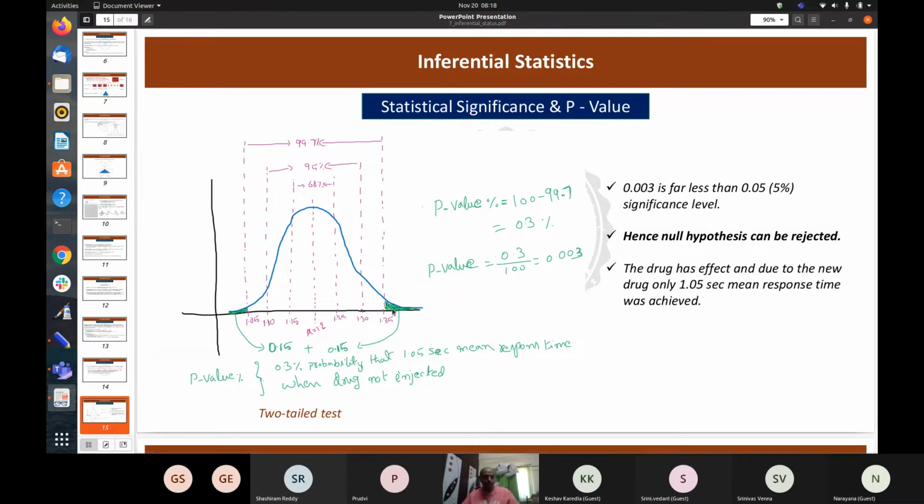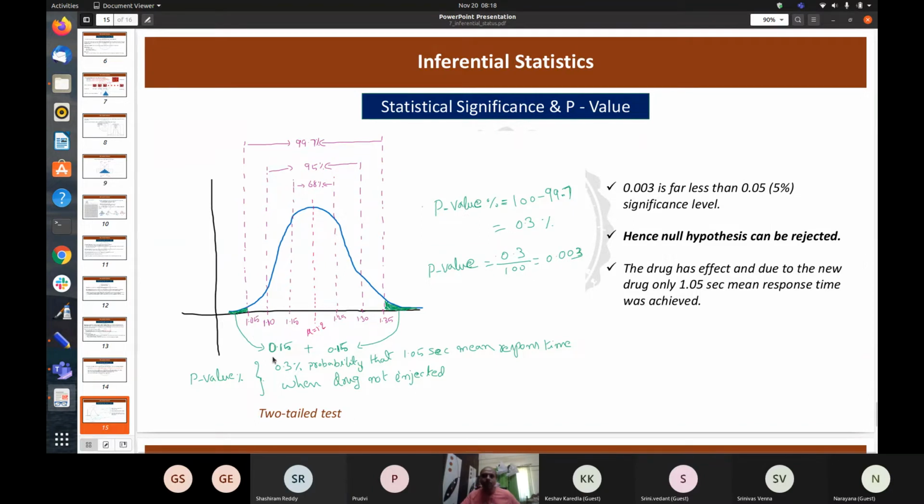It is actually tails, right? This is the left tail, this is the right tail. On the left tail only we are looking at, especially this 1.05 thing. So that means we need to divide by 2. 0.15% of the times this is happening when the drug was not injected, only the stimulus was given.